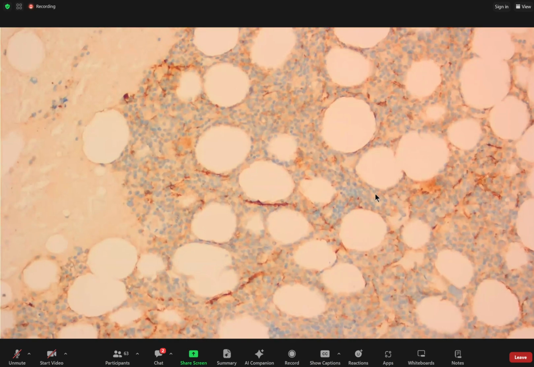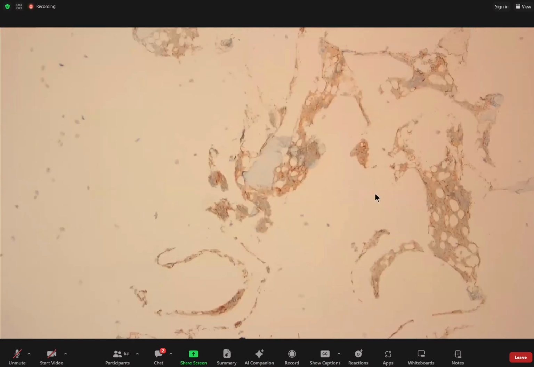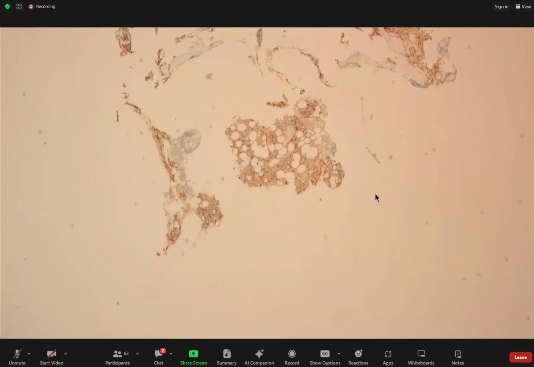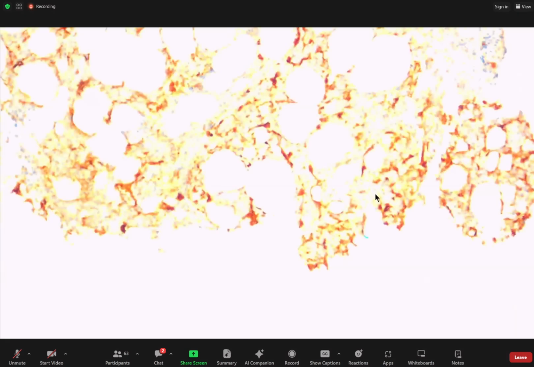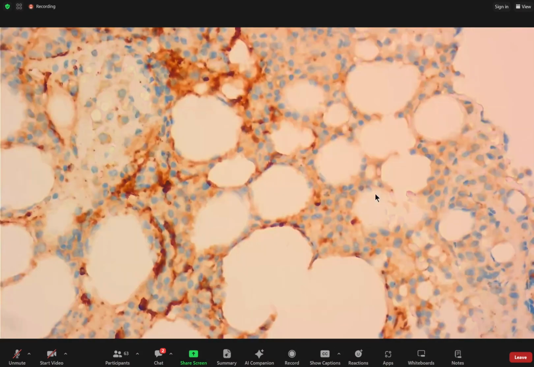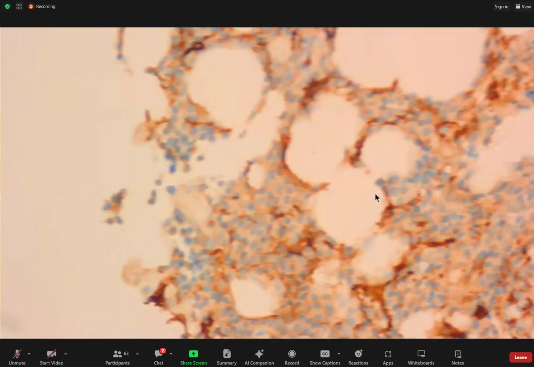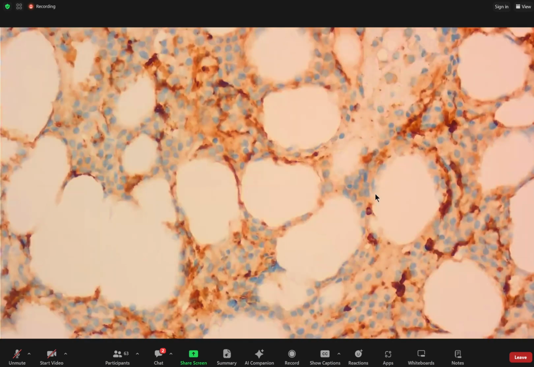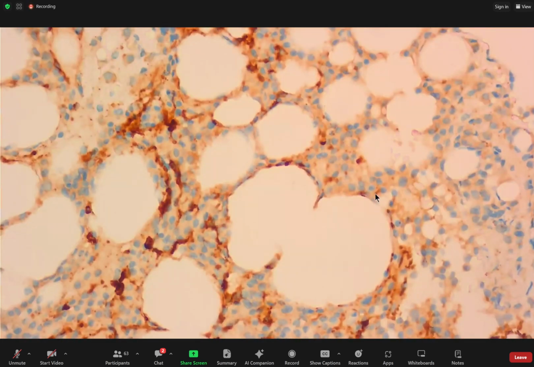Is the CD10 marking all the blood vessels, right? It looks like there is background staining, and some of them highlight the residual granulocyte series. But the cells in the background are negative. Yeah, okay. Agreed.